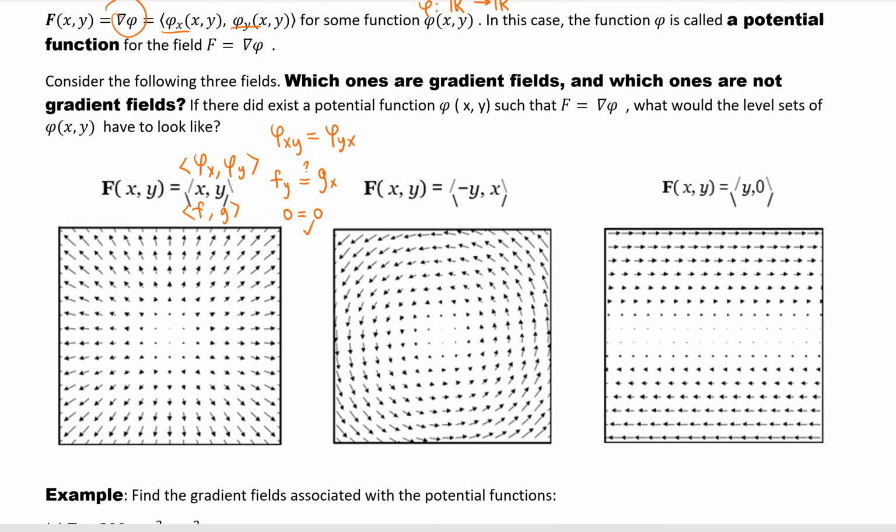Yes, 0 equals 0. So this could be a gradient field, and can we find the potential function?